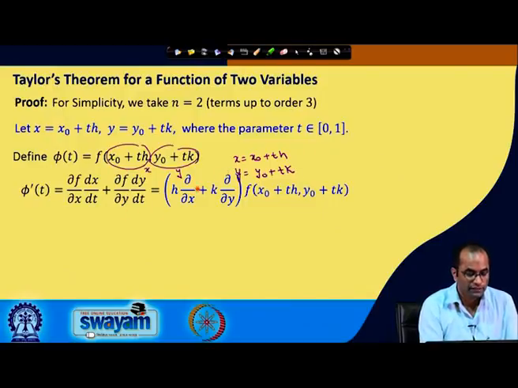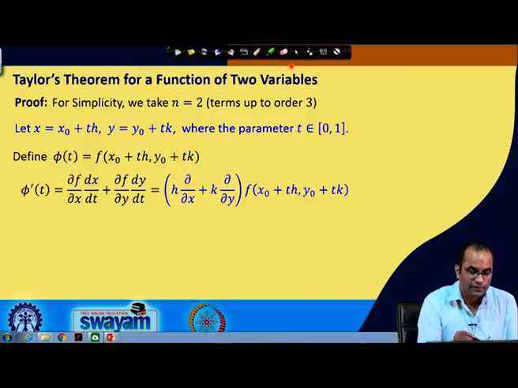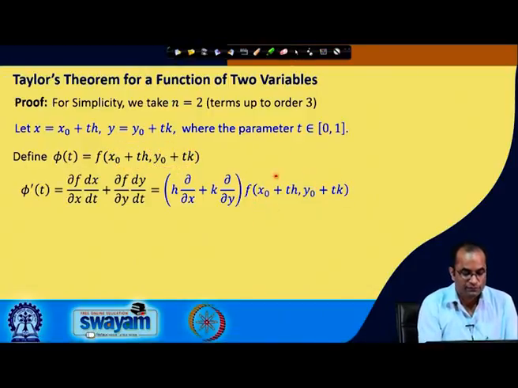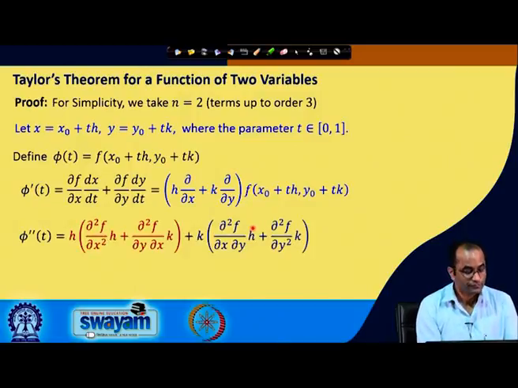This was del over del x on f and this was del over del y on f, so the f at the point x, y we have written outside. Let me erase this. The meaning is: h times del f over del x at the point x0 plus th, y0 plus tk, plus k times del f over del y.